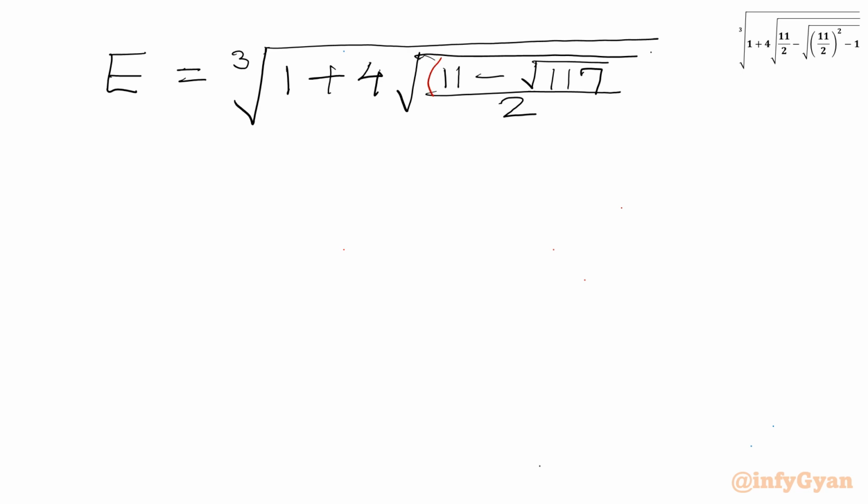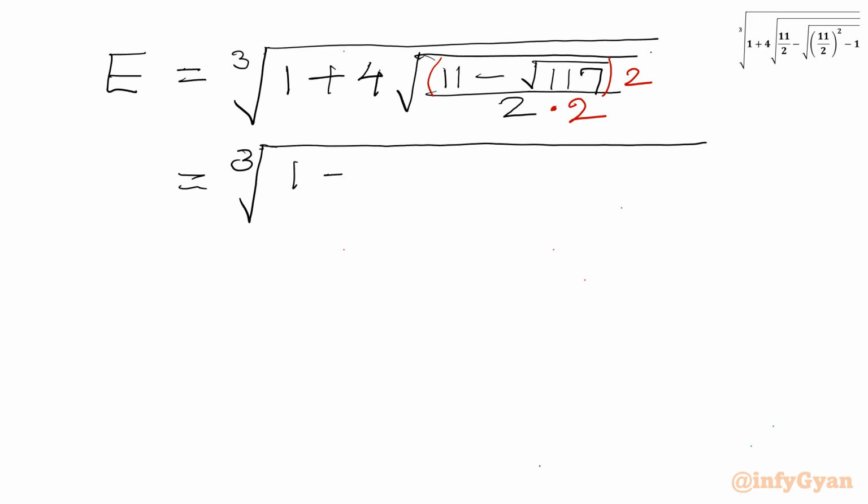So here I will multiply with 2, so I need to multiply in the denominator by the same. So I can write expression equal to cube root of 1 plus 4 times square root of 22 minus 2 times square root 117 divided by 4.